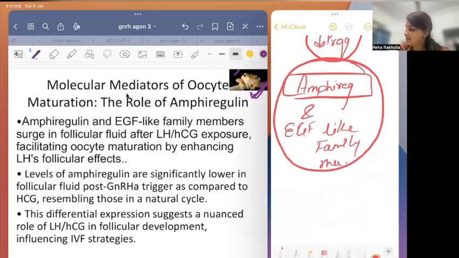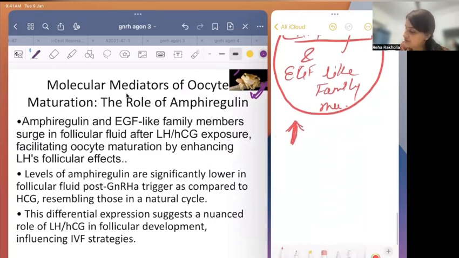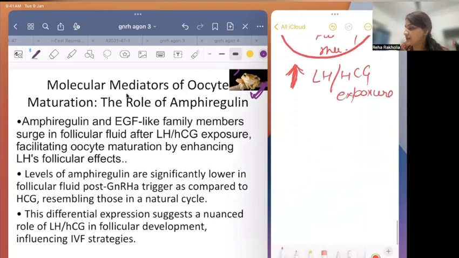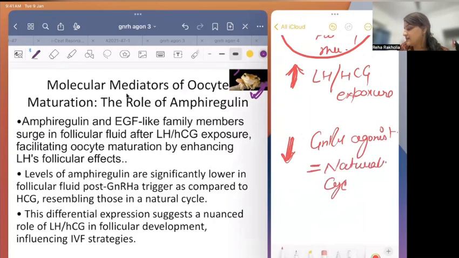These two increase after LH and HCG exposure. But after giving a GnRH agonist trigger, these two decrease, similarly like the natural cycle. Even in the natural cycle these two decrease, and in GnRH agonist also.